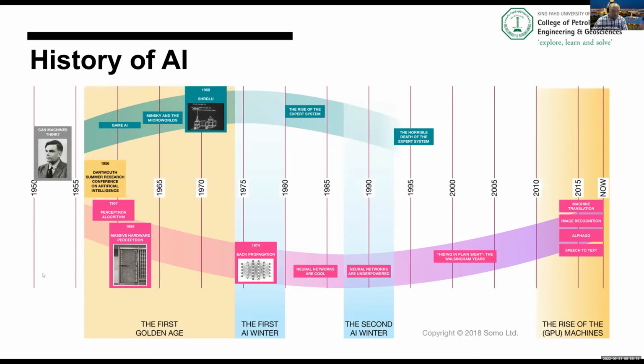And then from there, different algorithms have been developed. Maybe you have heard about support vector machines, random forests, decision trees, and this is what we call today traditional or conventional machine learning algorithms. And then later in 2010, we have the rise of the machines, or GPUs, right?